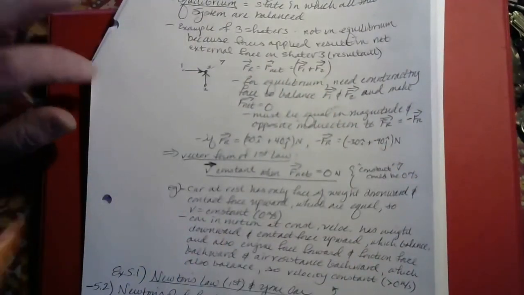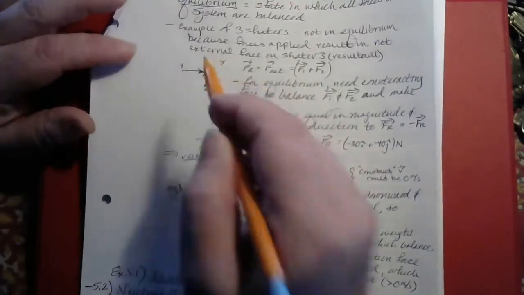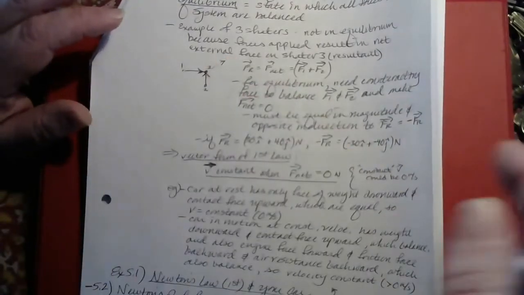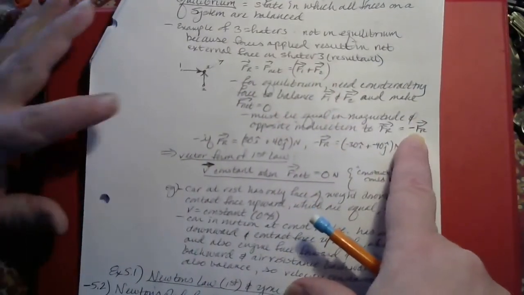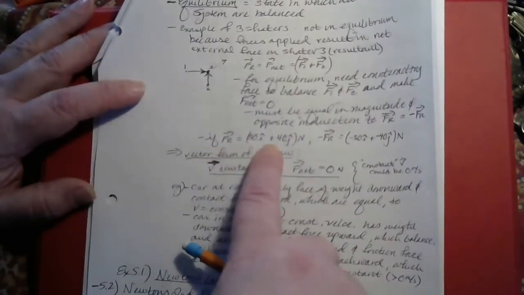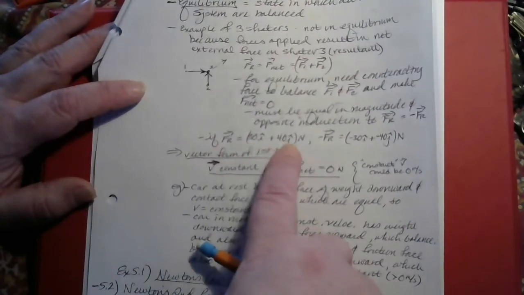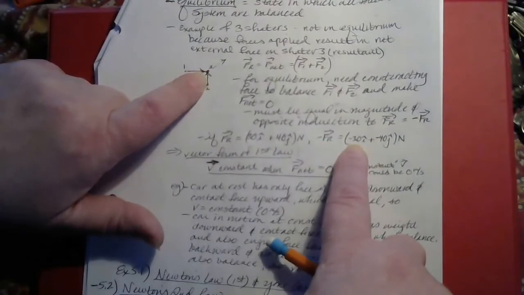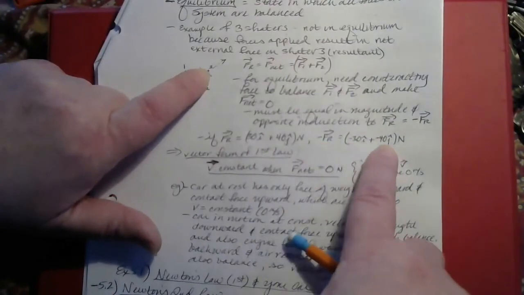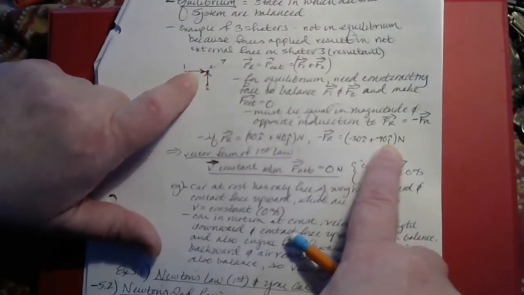You would need to figure out what the resultant force vector is, and what you would need is essentially the opposite of that. So if the resultant force in terms of the vectors is 30i plus 40j, then negative FR would be negative 30i minus 40j newtons.